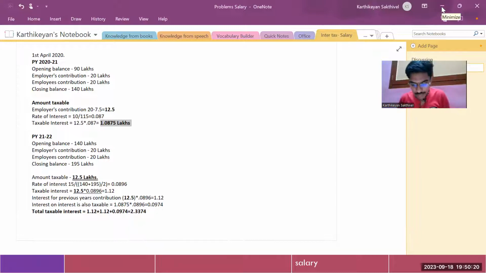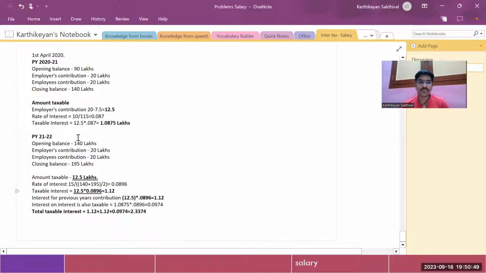Is my explanation clear in this regard? Sir? Yes. சார் இந்த வருஷம் வந்து 7.5க்கு மேல இருக்கிற அந்த 12.5 lakhsல வந்து இன்ட்ரெஸ்ட் கால்குலேட் பண்றோம். சூப்பர். ஸோ இப்போ வந்து ப்ரீவியஸ் இயர்லயும் வந்து சின்ஸ் 7.5 lakhs மேல கான்ட்ரிபியூஷன் இருந்ததுனால அந்த 12.5க்கு ஒரு இன்ட்ரெஸ்ட்.